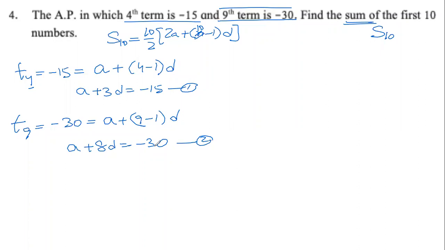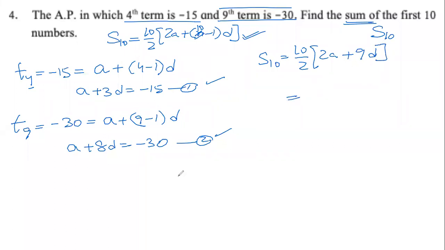Now till this point, it is arithmetic progression. From here, it becomes algebra. We will use the concepts of linear equations in two variables, and we will solve equation 1 and 2 to find the values of A and D. When we get A and D, we will put it in this formula. So Sn, so S10 equals to 10 by 2, 2 into A, whatever A we get, n minus 1, 10 minus 1 is 9 into D, whatever D we get.